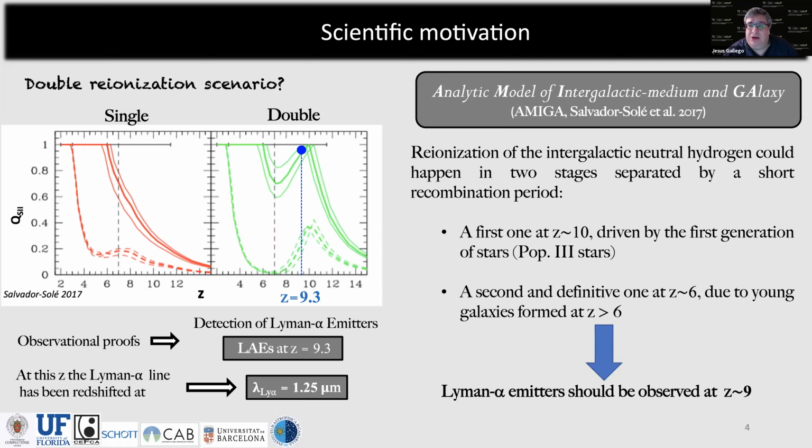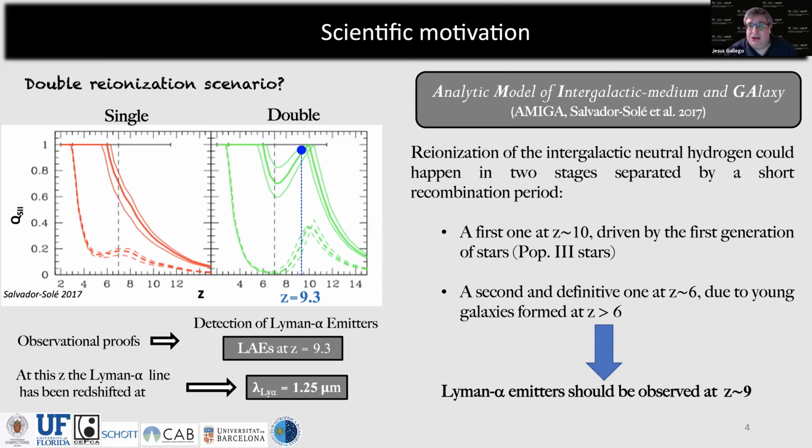The first of these two peaks would be at z about 10, driven by the first generation of stars, the so-called population 3 stars, and the second and definitive peak would be at z about 6. This second peak should be due mainly to young galaxies formed at redshift larger than 6.